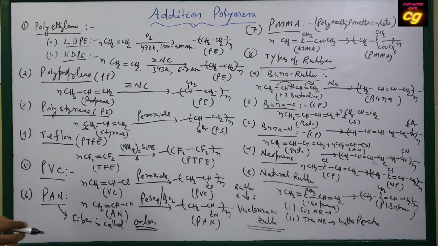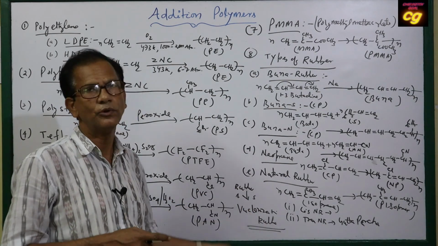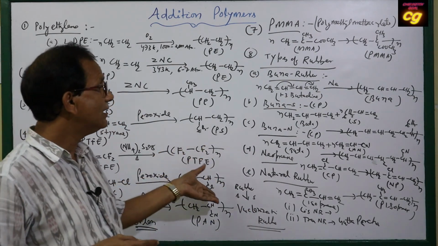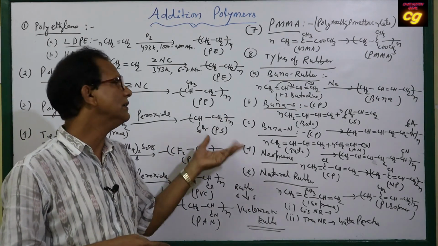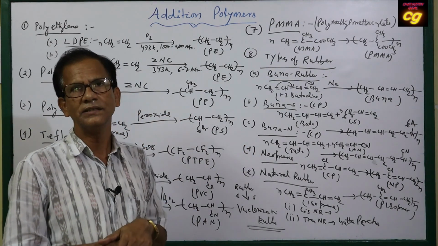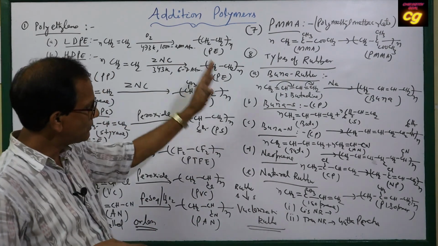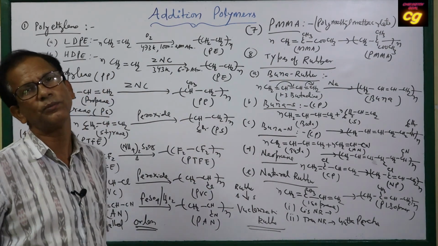Vulcanization means addition of sulfur. During vulcanization of rubber, the quality of rubber increases. The tensile strength increases, the hardness increases, the durability also increases. So rubber can be vulcanized by adding sulfur powder.